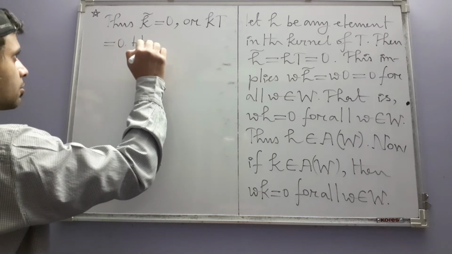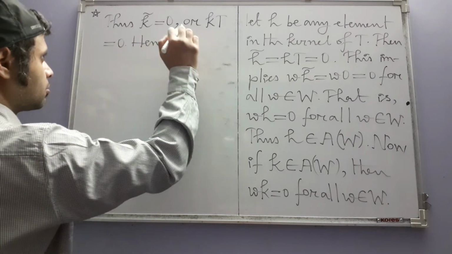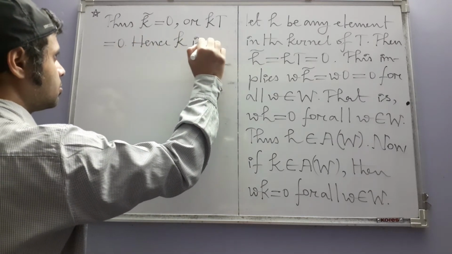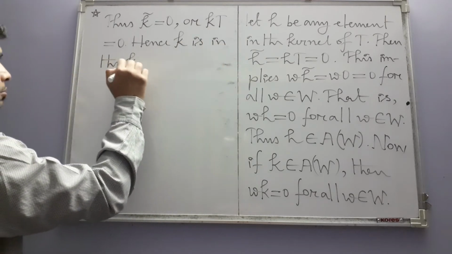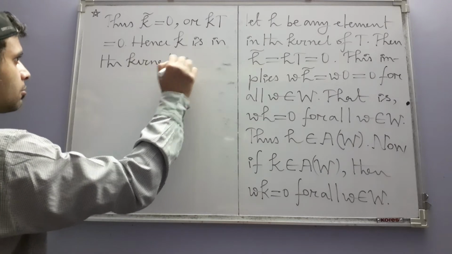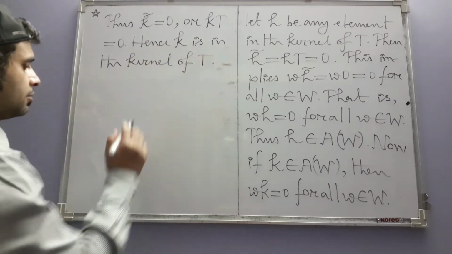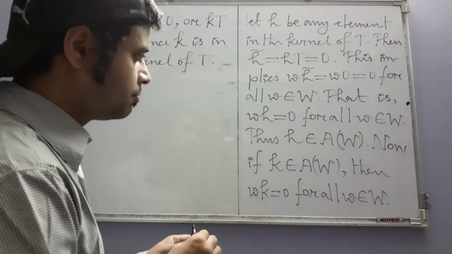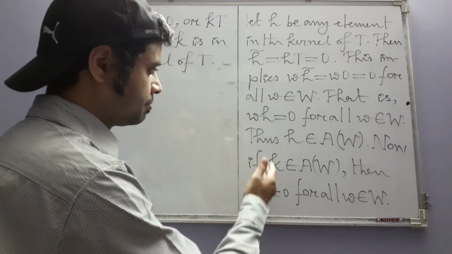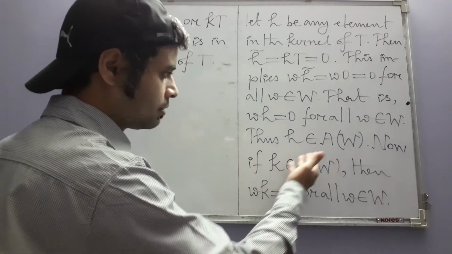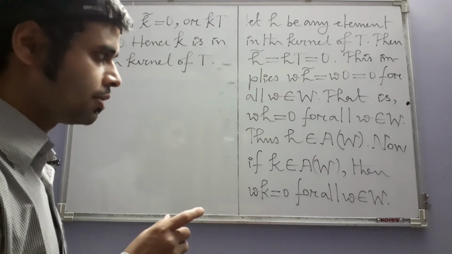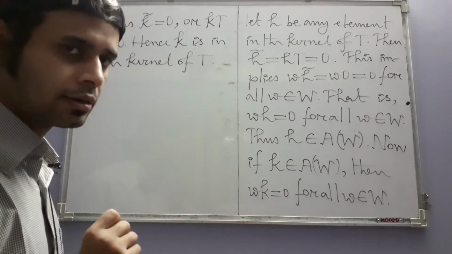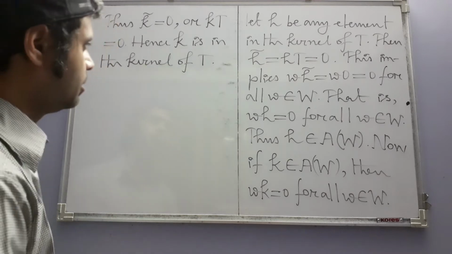Hence, k is in the kernel of T. So we have also proved that any element in A of W is also in the kernel. That means A of W is also a subset of the kernel of T. So actually they are equal.